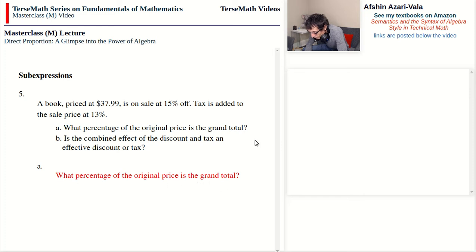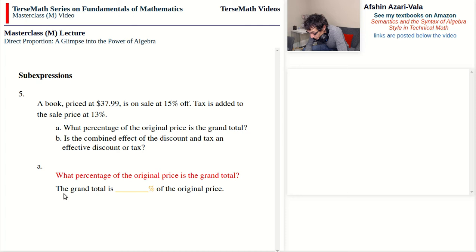Now, if you think about how you would use words to answer this question, you would probably make a sentence similar to this. The grand total is some percentage of the original price. That's exactly what they ask for. And if we can find this value here, we have answered the question. Again, what percentage of the original price is the grand total?